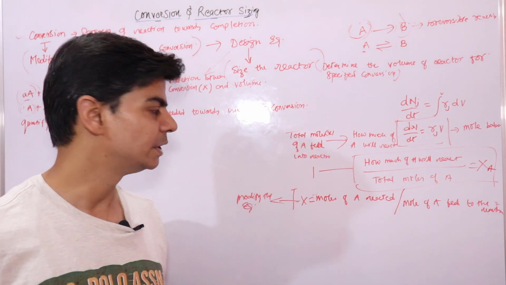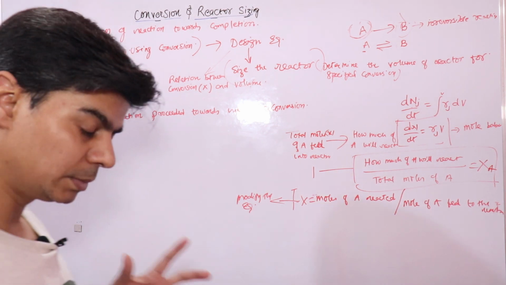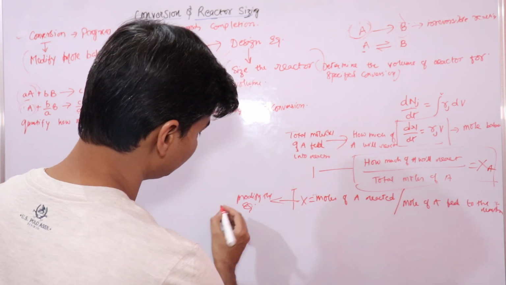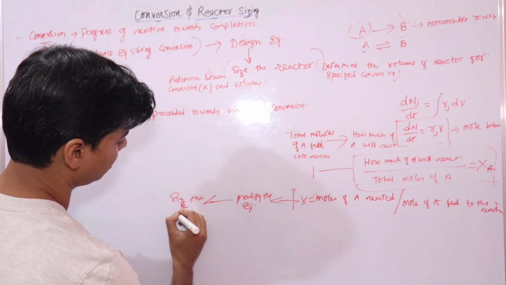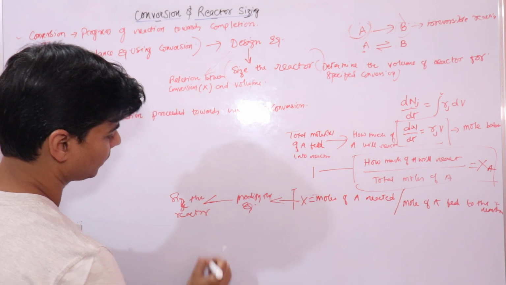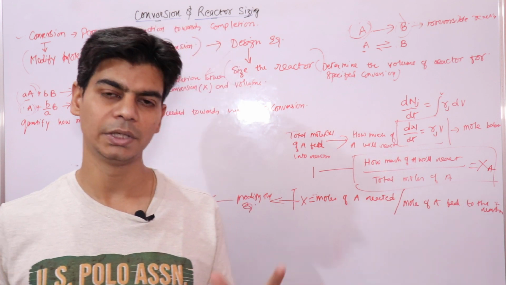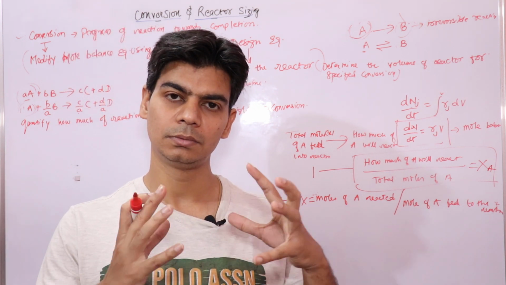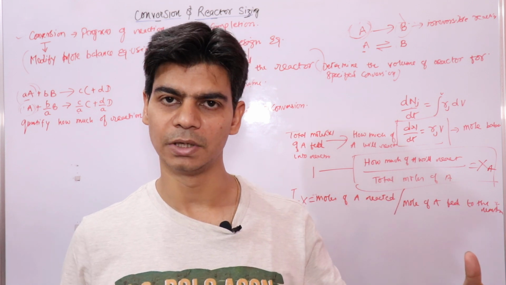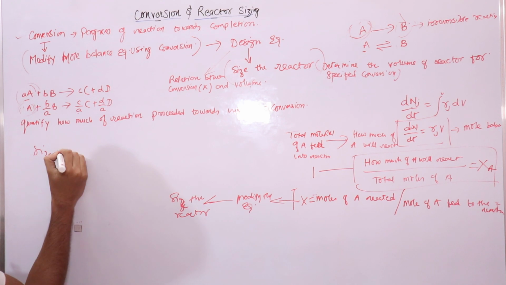From that design equation you can size the reactor. When we say size the reactor, sizing the reactor means to determine the volume of the reactor for the specified amount of conversion, right?